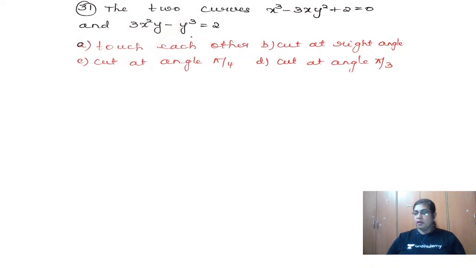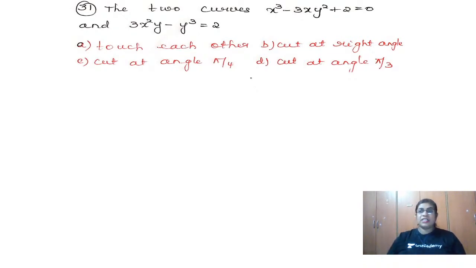Then they touch each other, or cut at right angles, or cut at angle pi by 4, or cut at angle pi by 3. Now, how to solve this question?